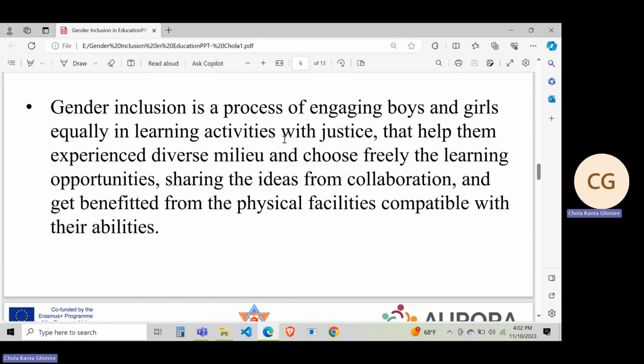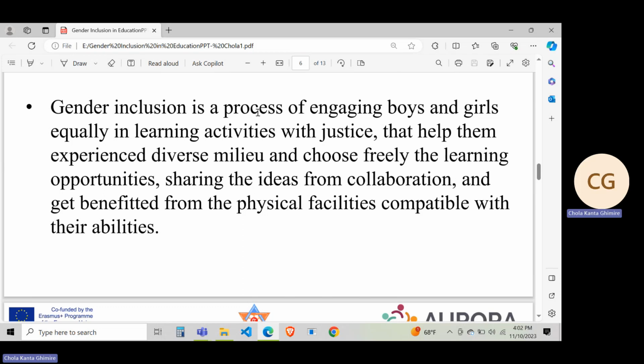However, their engagement is different. The engagement is influenced by their gender situation, socially and culturally defined situation. Here the gender defined situation is more important.